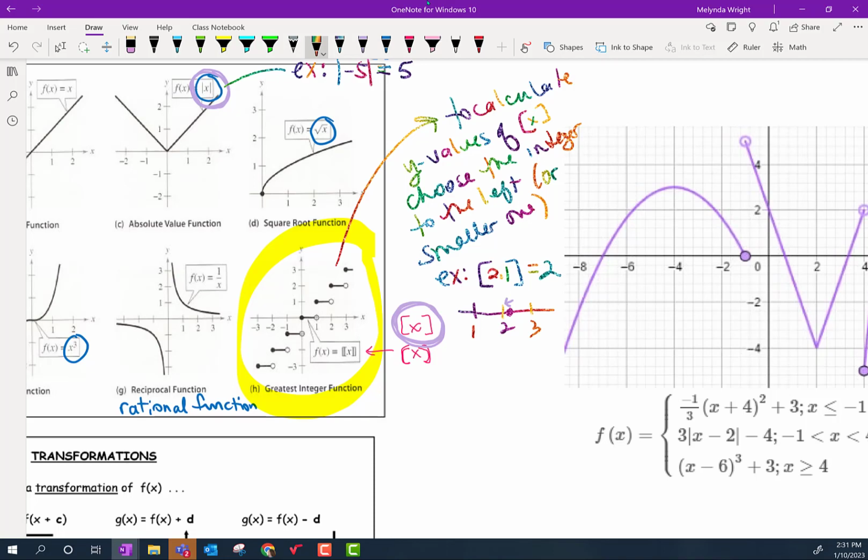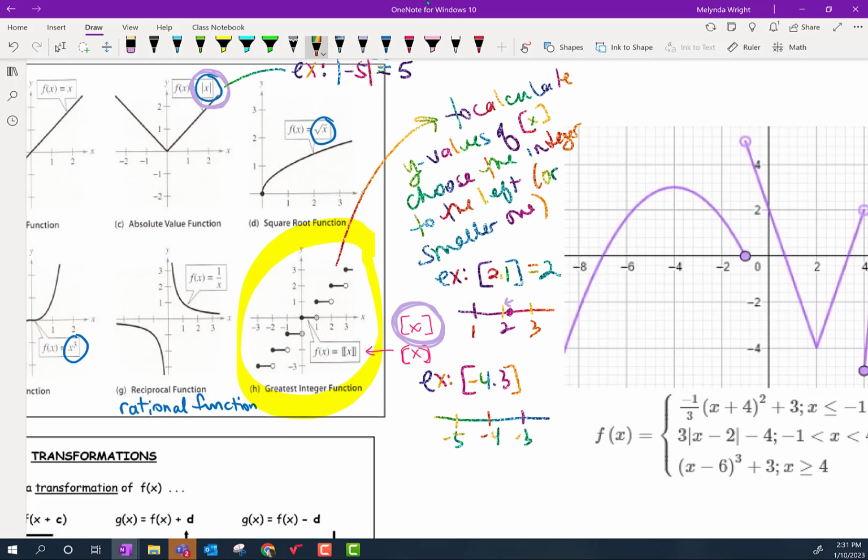All right, let's do an example with negative numbers. So let's say we wanted to do the greatest integer of negative 4.3. Okay, so we do our little number line. So we've got negative 5, negative 4, negative 3.